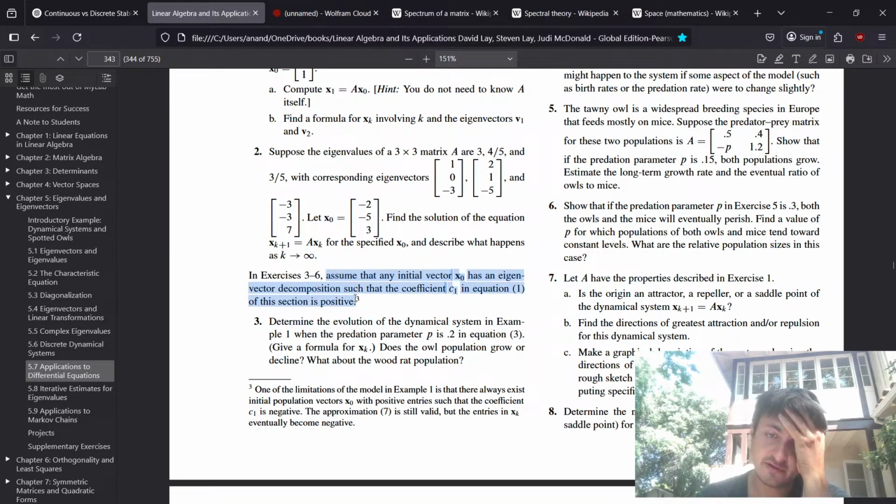Assume that any initial vector x0 has an eigenvector decomposition such that the coefficient c1 is positive.